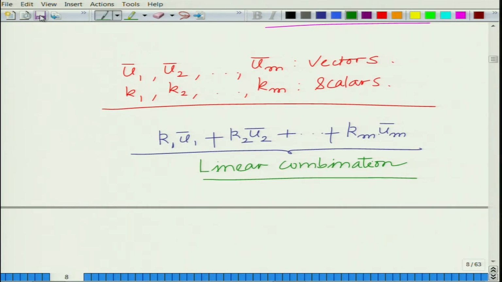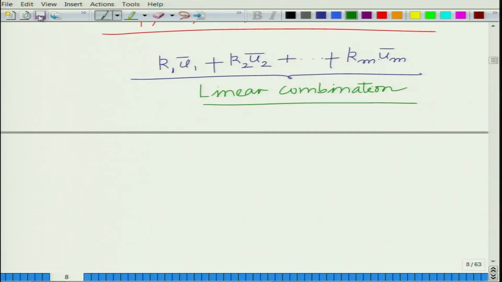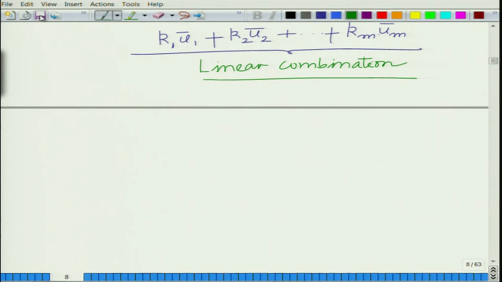This is a very important concept, the linear combination of the vectors. All right.